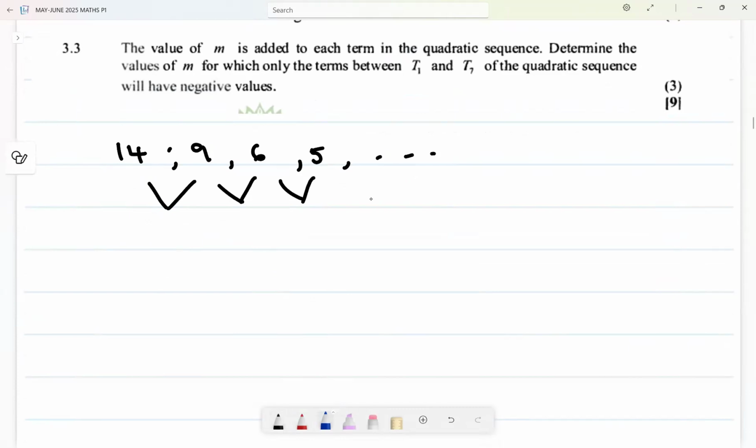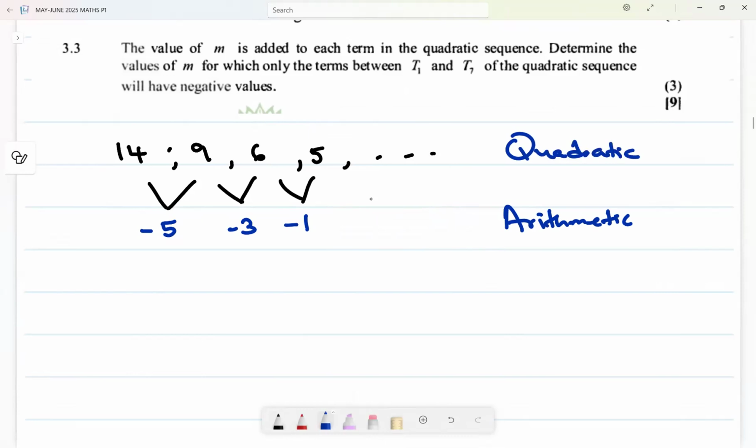So it means the first difference is what? It is arithmetic. So term 2 minus term 1: 9 minus 14 is negative 5. 6 minus 9, 5 minus 6. So remember, guys, this forms the arithmetic sequence. This one is the quadratic.